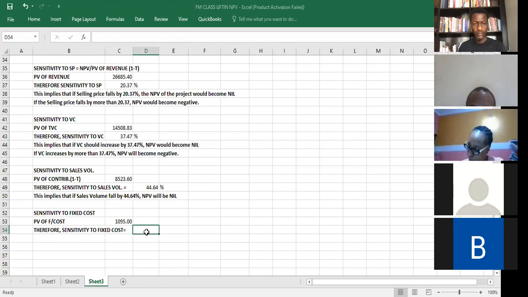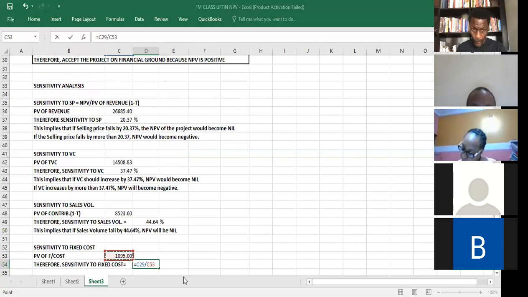So NPV divided by our PV of fixed cost multiplied by 100. No tax rate here.